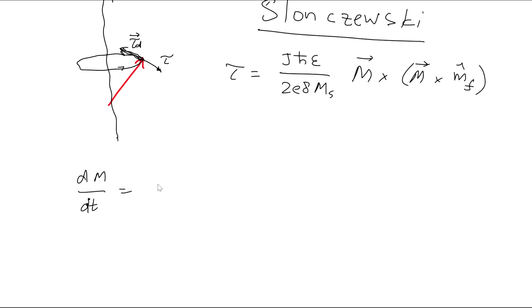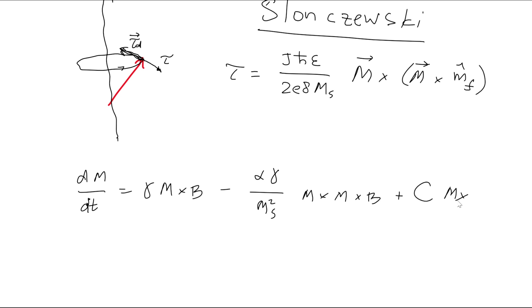That would be, as usual, gamma m cross b. I won't write vectors, I will imply vectors, minus, there should be a minus there somewhere, minus alpha gamma ms square m cross b, and plus a constant, that constant m cross mf unit vector.